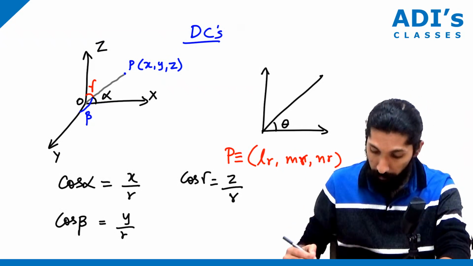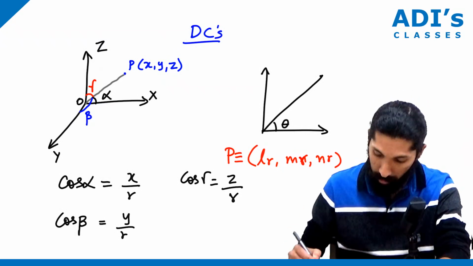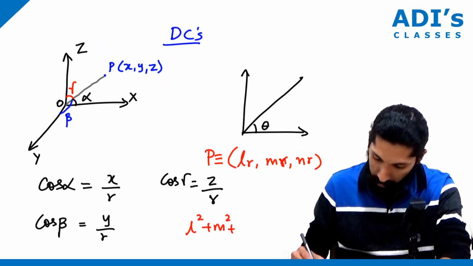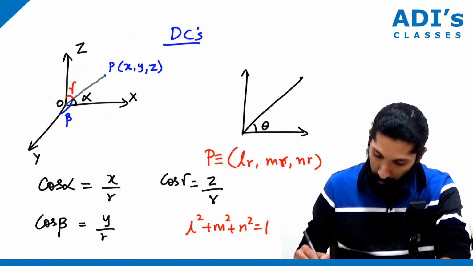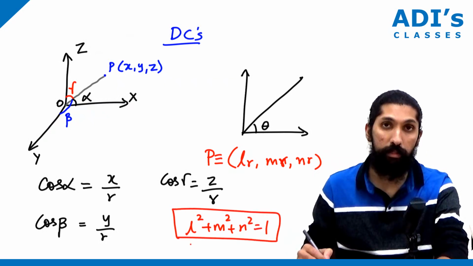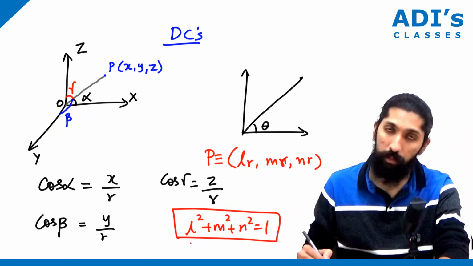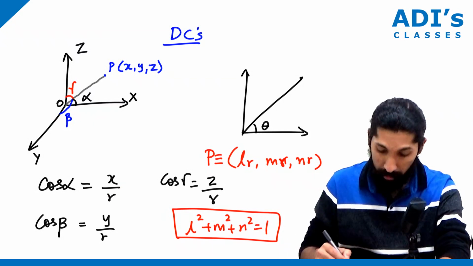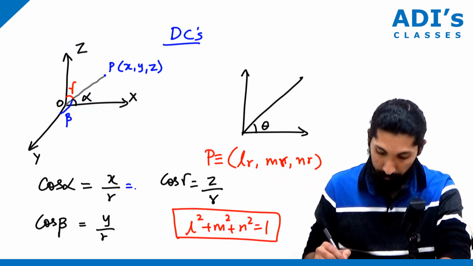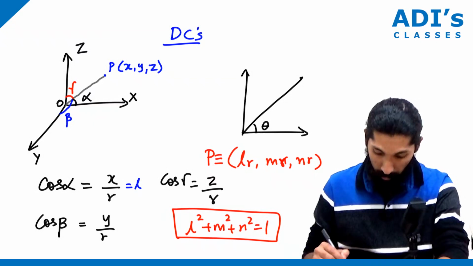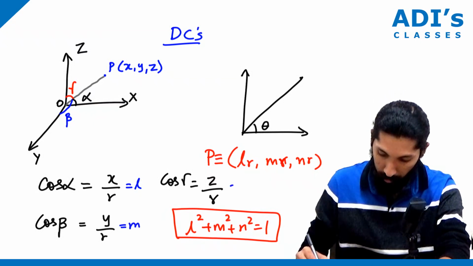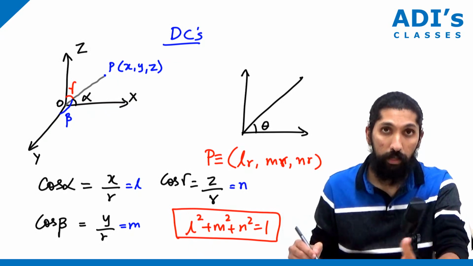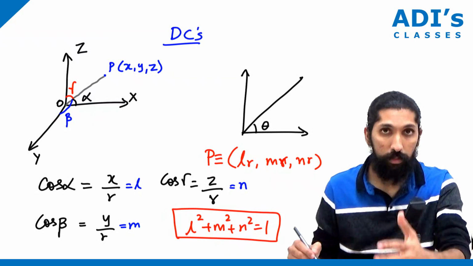So from this, we have one more very important relation, that is l square plus m square plus n square is equal to 1. Now, this relation is used in many cases. Why? Because look at this: x by r, we call this l. So what is x? lr. Again, this is equal to m, this is equal to n. That's how we get lr, mr, nr. And that's how you get l square plus m square plus n square is equal to 1.